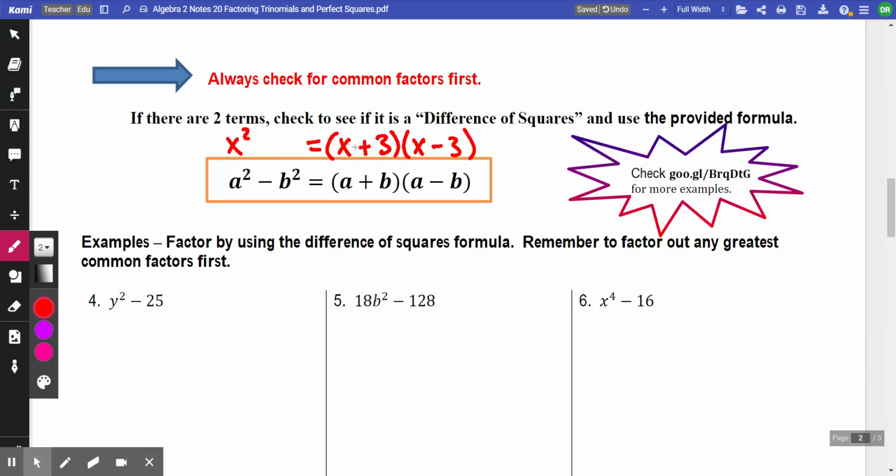And then the x times the negative 3 is negative 3x. But when we multiply the 3 into this, we get 3 times x, which is positive 3x. And so we have this negative 3x and positive 3x, which will cancel each other. And then we continue multiplying, and we have 3 times negative 3, which is negative 9.